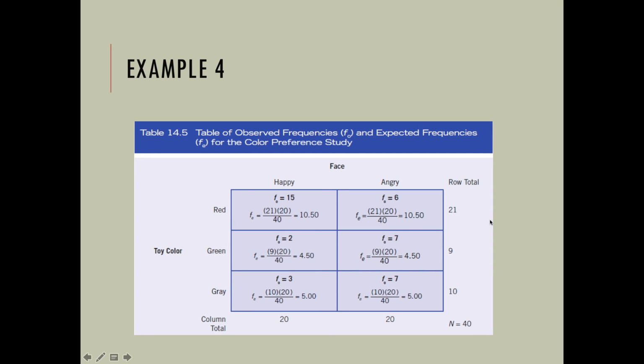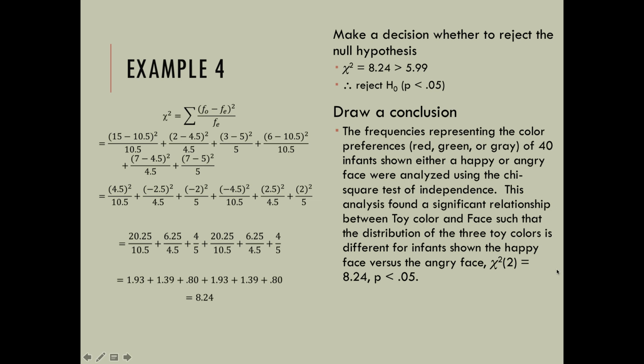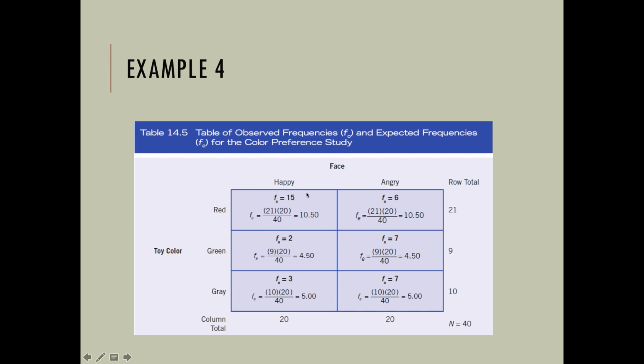Ta-da! It's done! So here we have the number that we saw in our sample and the expected frequency if we were to take 100 samples from the same population.